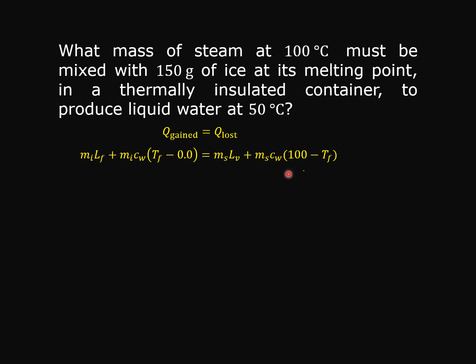So these two quantities on the left hand side and the right hand side of the equality sign should be equal. That means the heat gain equals the heat loss.